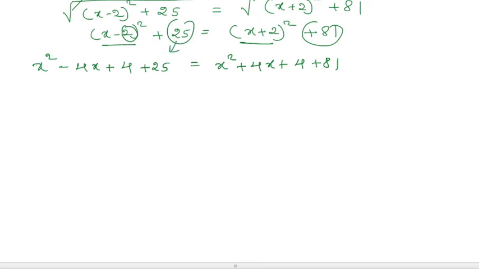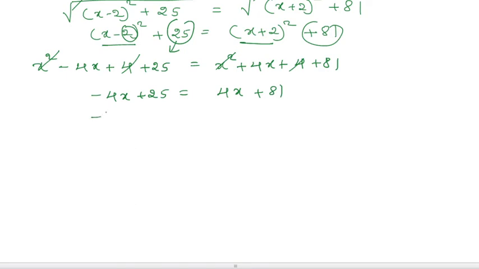Now, the same terms get cancelled here. This x square gets cancelled. Here minus 4x and plus 4x, they get cancelled. Here plus 4 gets cancelled. What remains here? Minus 4x plus 25 is equal to 4x plus 81.